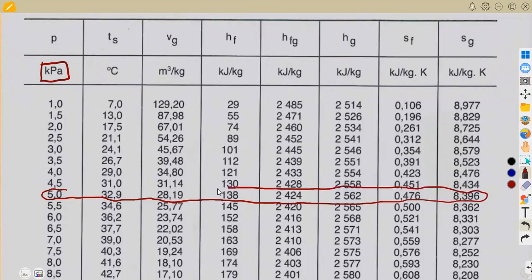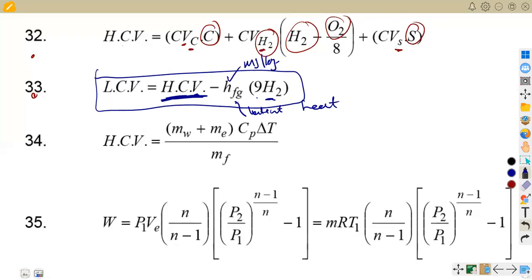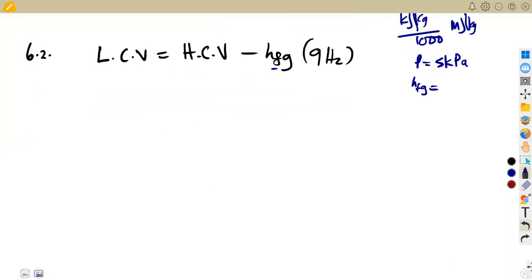All right. We are not focusing on the whole table, only on 5 kilopascal, under the latent heat, which is given as HFG and measured in kilojoules per kg, and the value there is 2,424. So at 5 kilopascal our value is 2,424 kilojoules per kg.